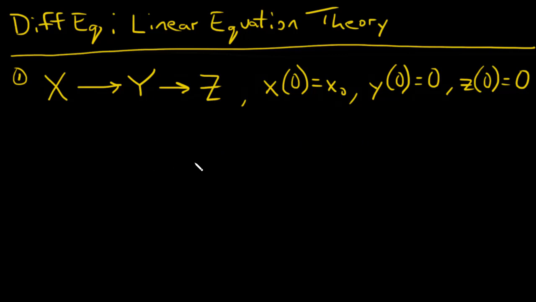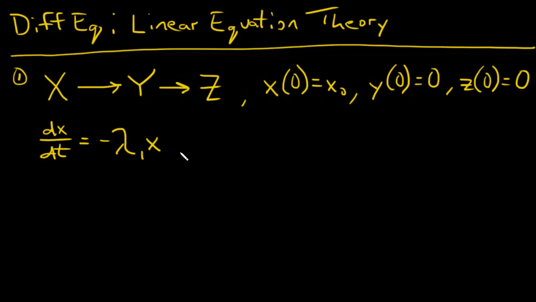The last thing we need before we tackle this is something we developed earlier when we were first using systems of equations to describe the decay chains. We need the differential equations that we came up with. So we had dx/dt is equal to negative lambda 1 x. Lambda 1 is the rate at which the element x decays.